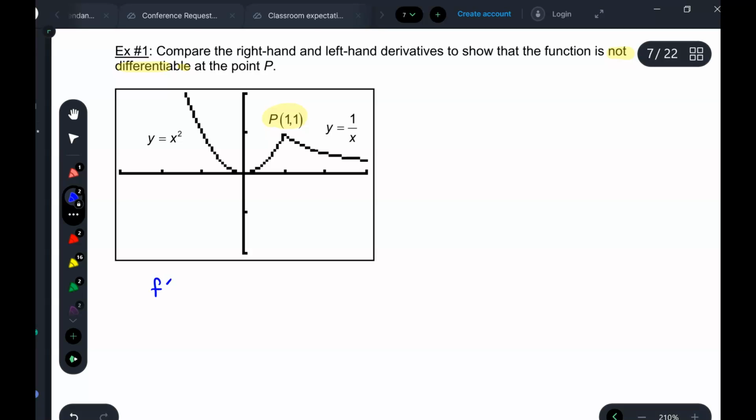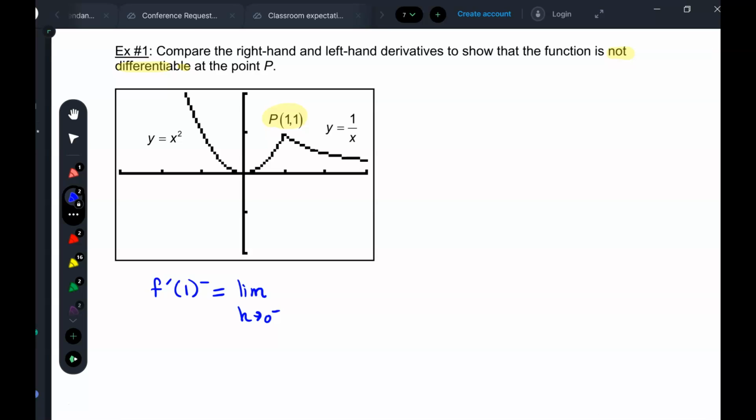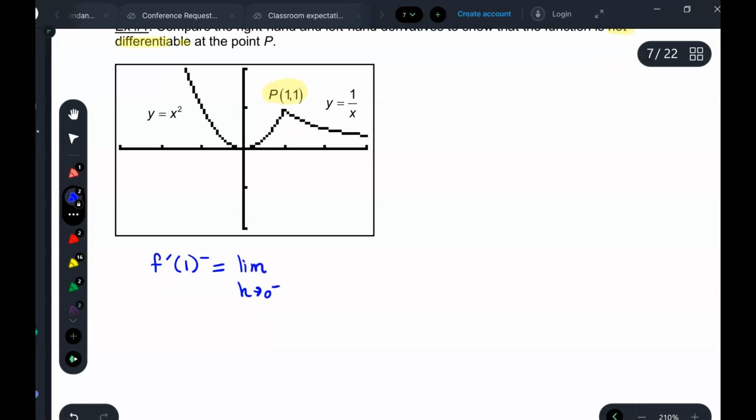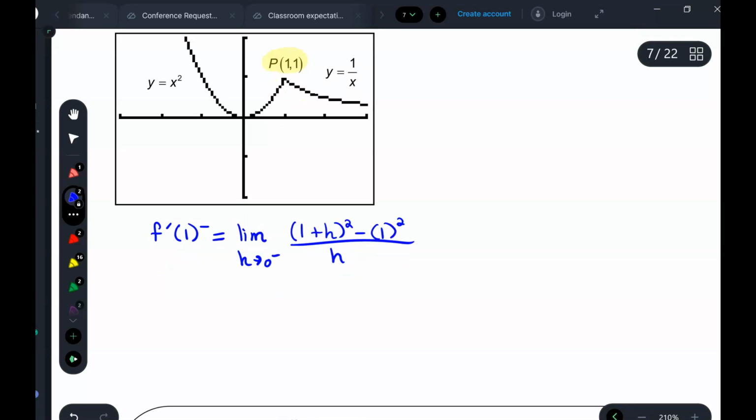I'm going to find f prime of 1 from the left, which is the limit as h approaches 0 from the left. Which function am I using, the x squared or the 1 over x? The x squared. Okay, so I'm going to have 1 plus x squared minus 1 squared. Oh, wait, you're right, I'm sorry. It's 1 plus h squared. I was getting my x's and h's mixed up.